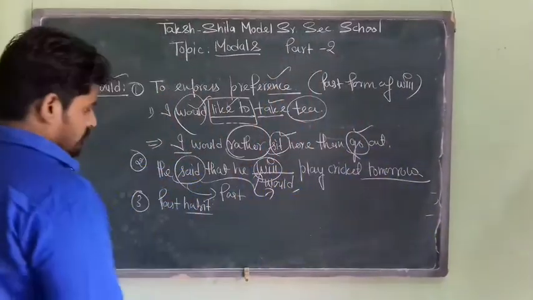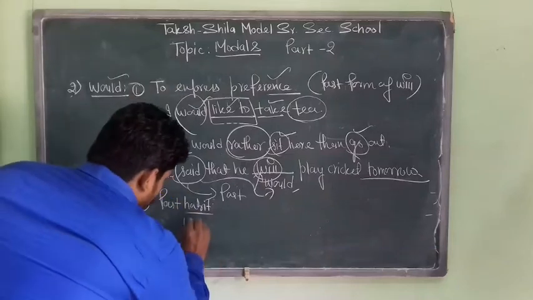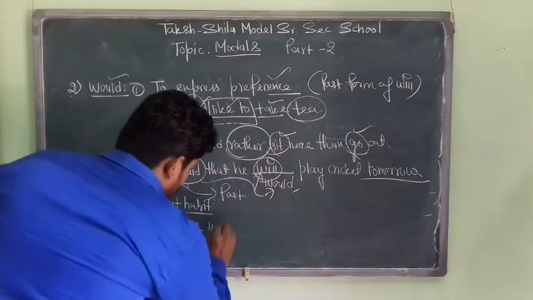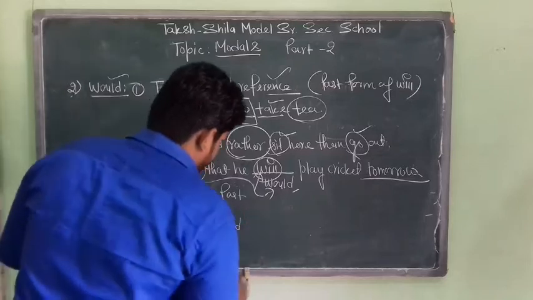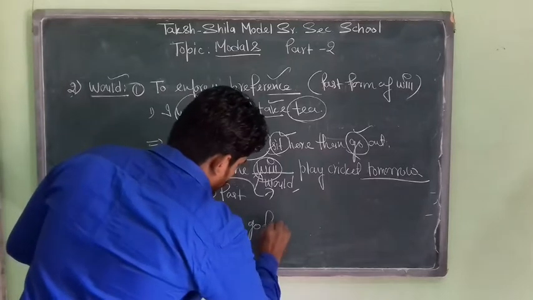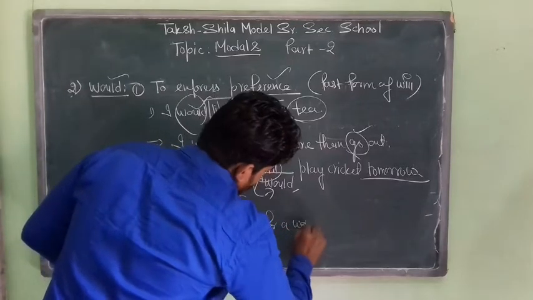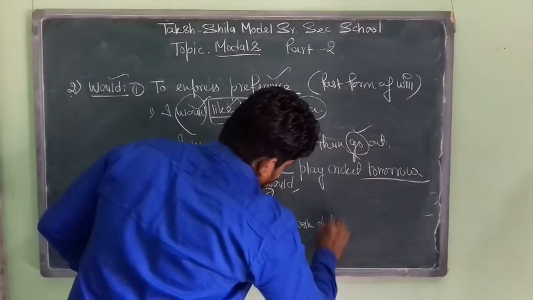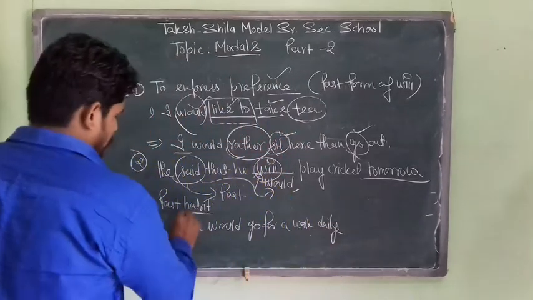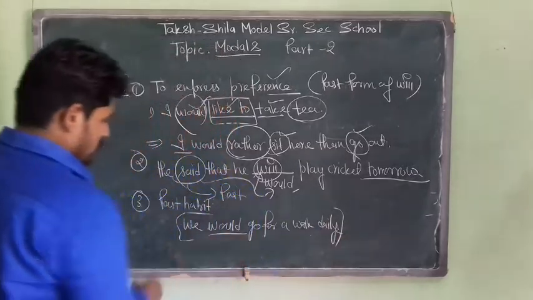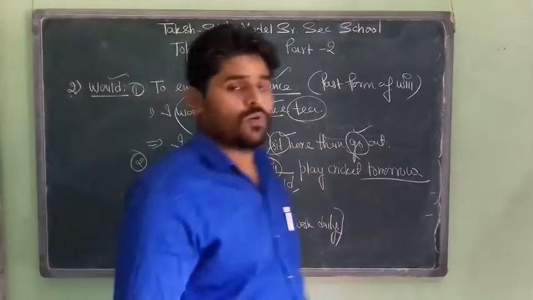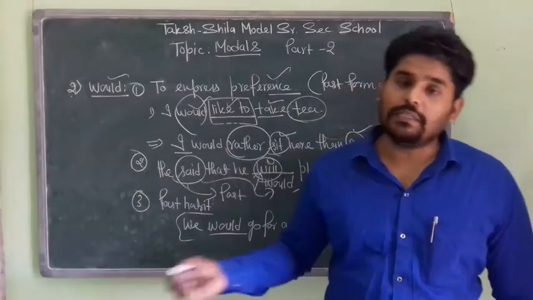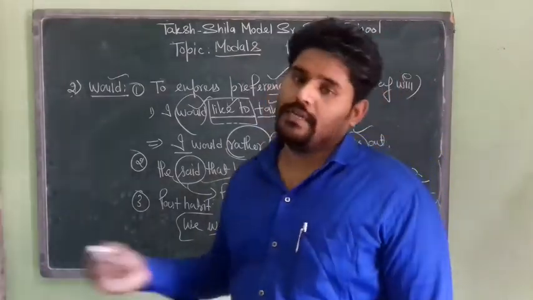For example, we would go for a walk daily. We would go for a walk daily. So here the speaker wants to say that going for a walk daily was an activity that he used to do on daily basis, right?